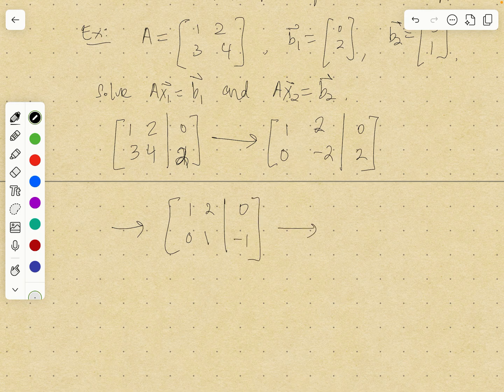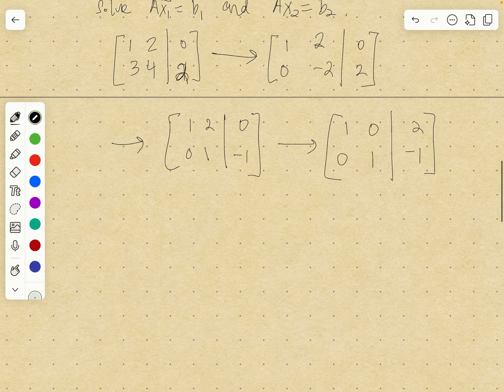And then to get it into reduced row echelon form, you take row 1 and subtract 2 row 2. So that will give you this 2 by 2 identity matrix and then this column on the right. And so that tells you that x1 is going to be (2, -1).